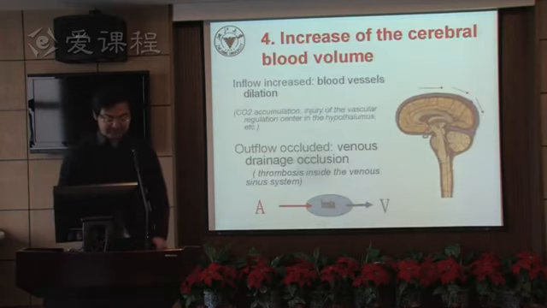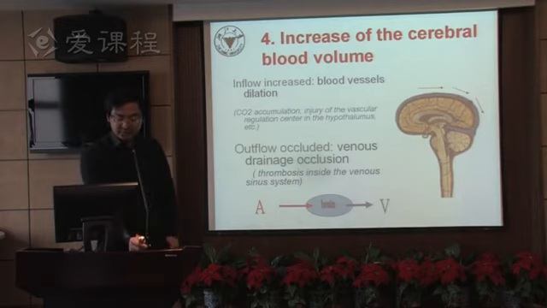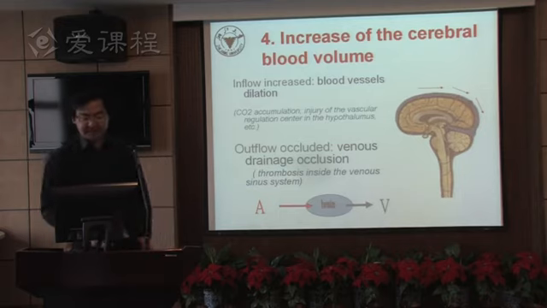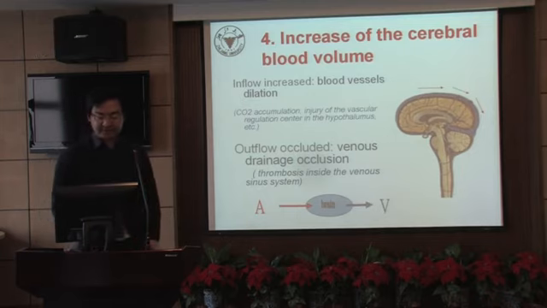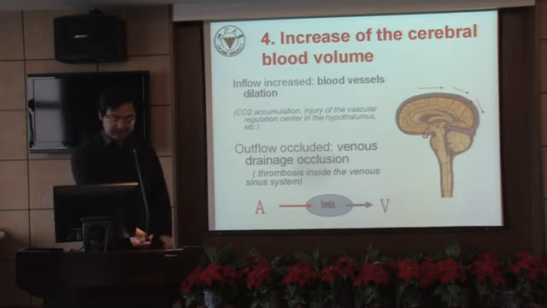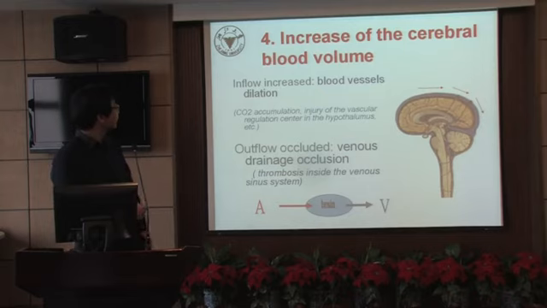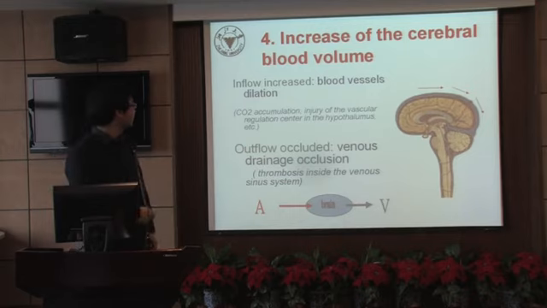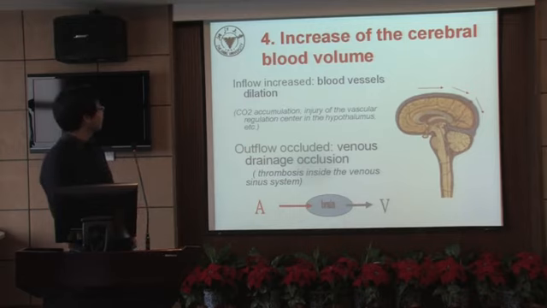The fourth cause of intracranial hypertension is increase of the cerebral blood flow, CBF. CBF increase may be caused by inflow increase or outflow occluded. Inflow increase may be related to blood vessel dilation. Now, how does blood vessel dilation happen?